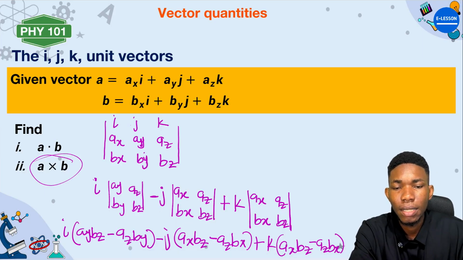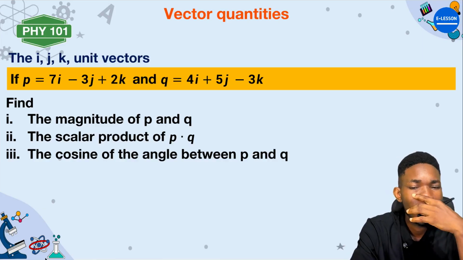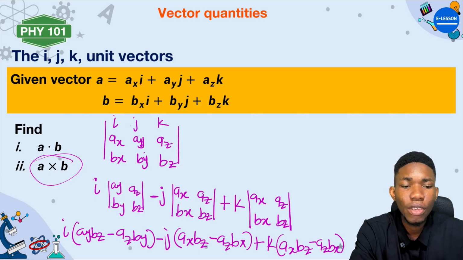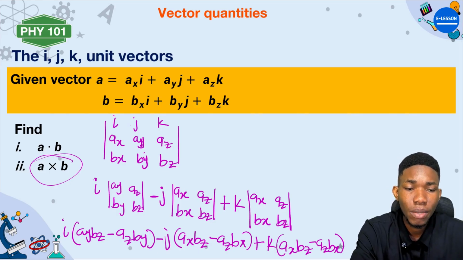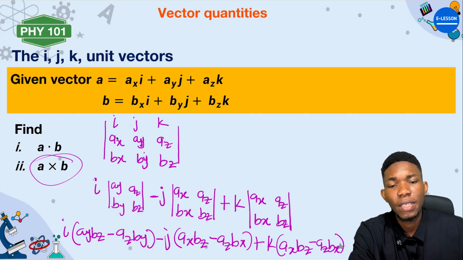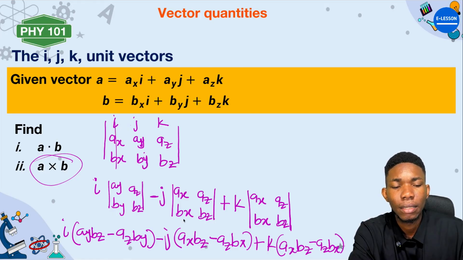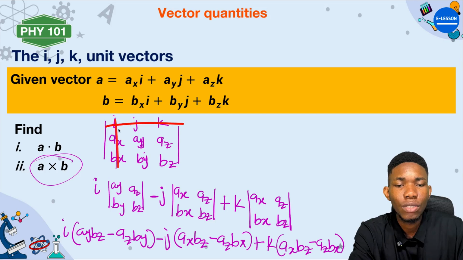All right, let's see the next one. The next one says, if P, let's see a question on that. So if they give you anything like this and they say find A cross B, it's a little bit more tedious. First, we've done all this. First, write I, then rule two lines. Then for I, cancel this one, cancel the up.